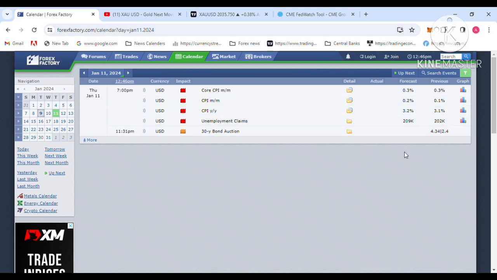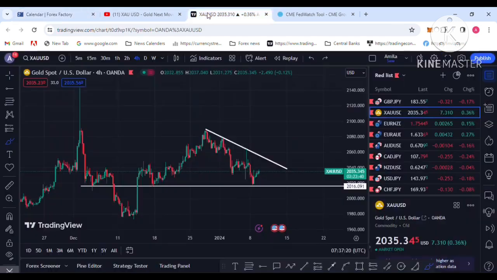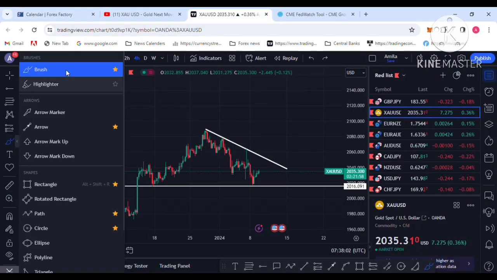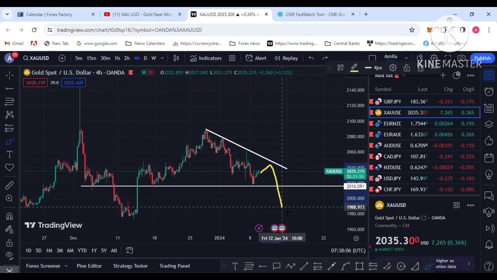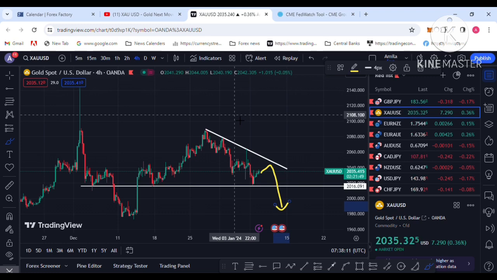So if the inflation report increases to 3.2% or above, that is my first option for how to trade gold with this inflation report. If the inflation report increases to 3.2% or above, that will help dollar demand and gold will drop to the downside.